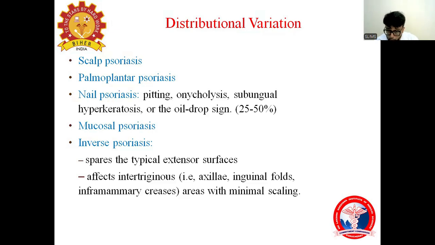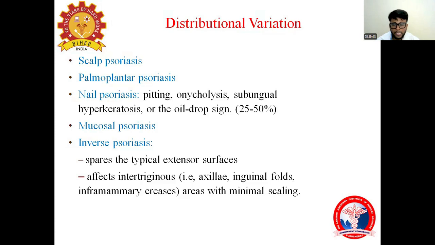The oil drop is the most specific sign. The oil drop is nothing but subungual hemorrhage. That is the most specific sign of nail psoriasis. In oral psoriasis, the patients will have geographic tongue or glossitis.